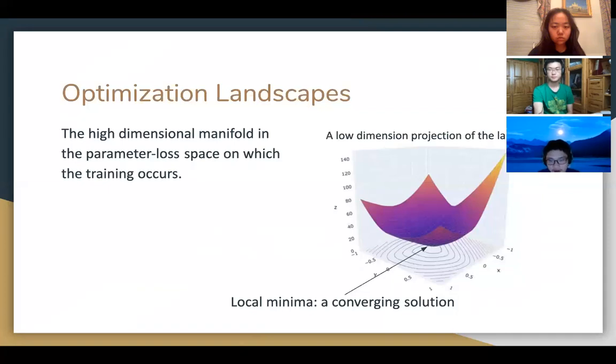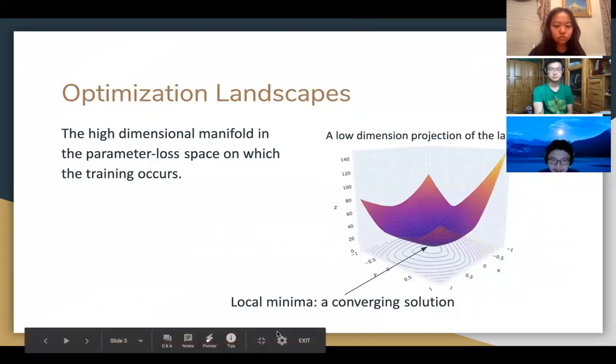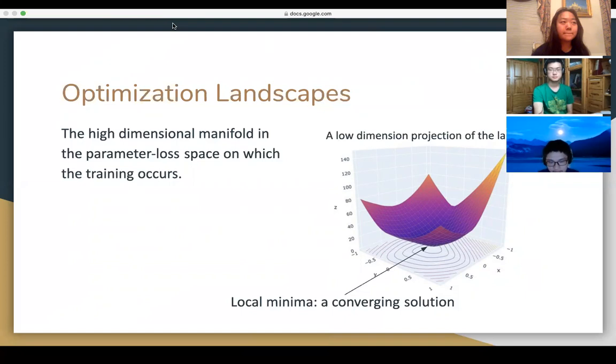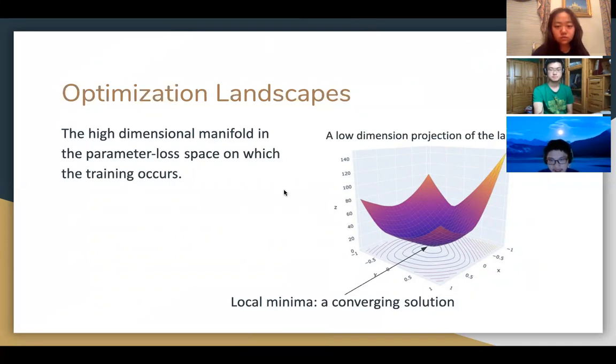Since neural networks have a lot of parameters, they lie in a very high dimensional space, and the loss landscape also lies in that very high dimensional space. So it is hard to visualize them. So we would like to give a low dimension snapshot of that space, such as this three-dimensional plot.